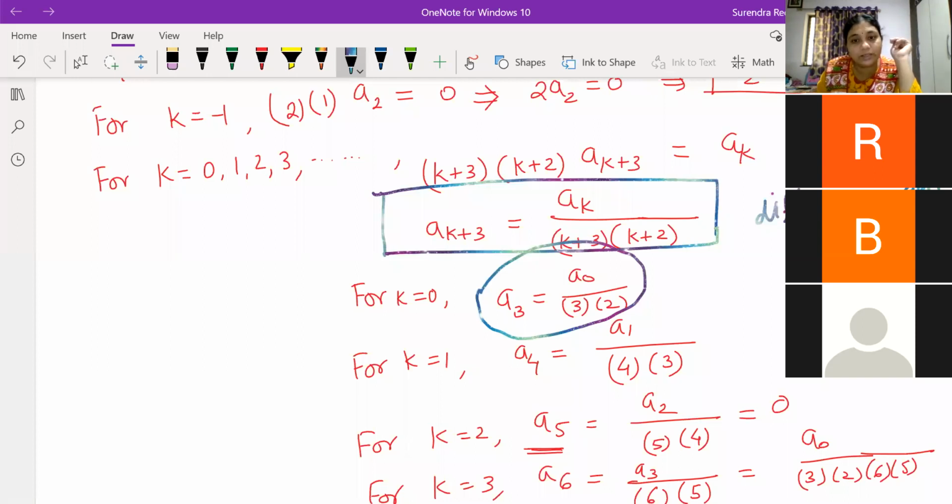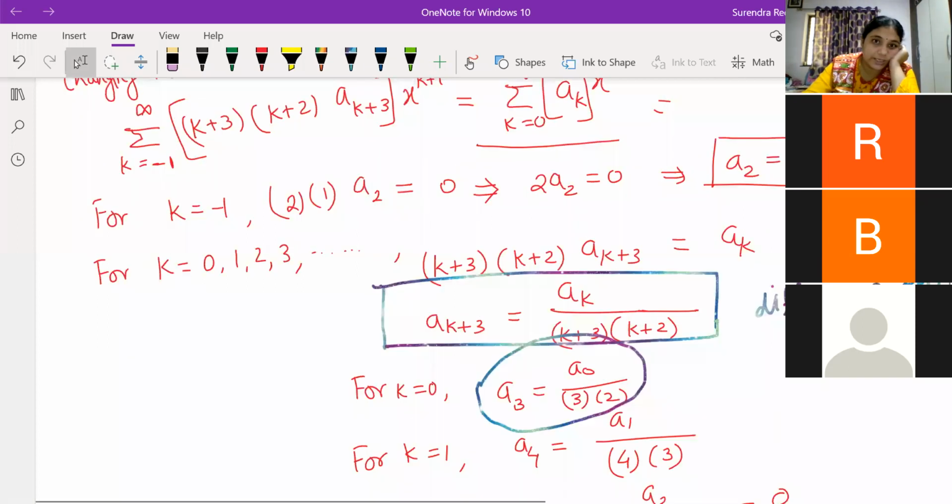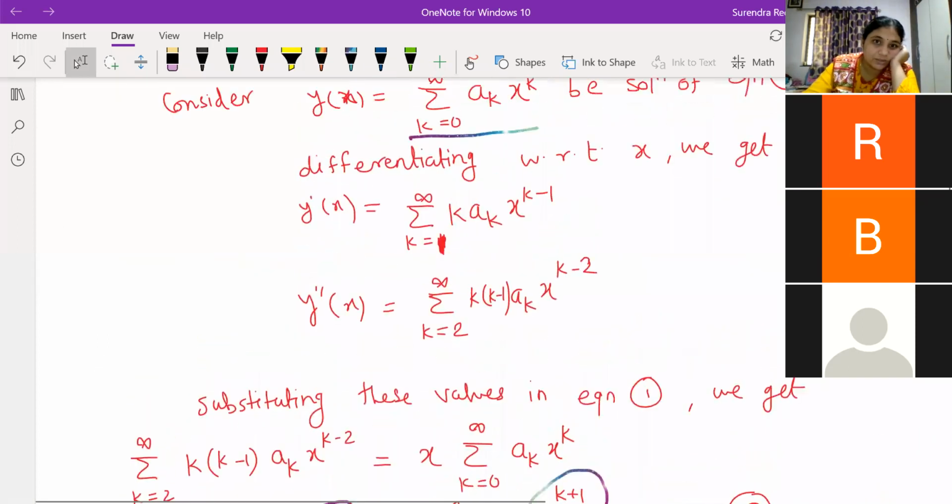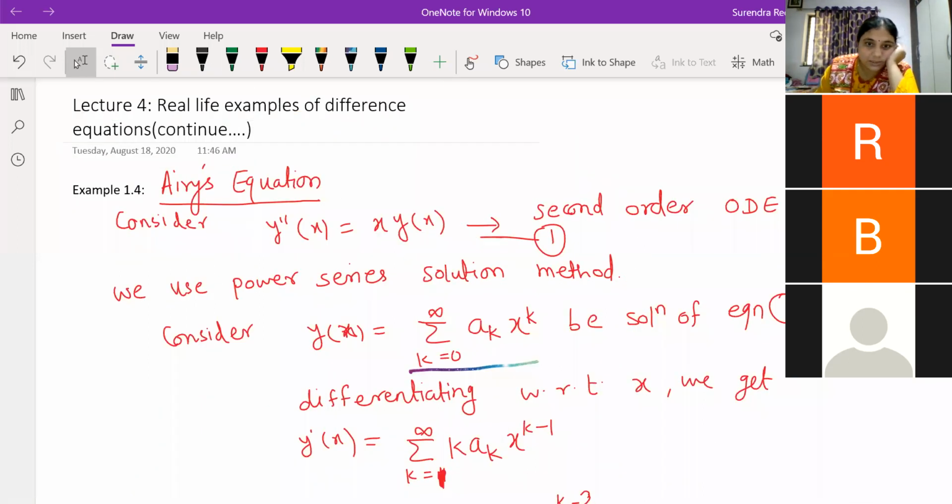So if I know A0 and A1, then all values of AKs I can calculate. These AKs are nothing but coefficients of x raised to k, and that is my final solution.